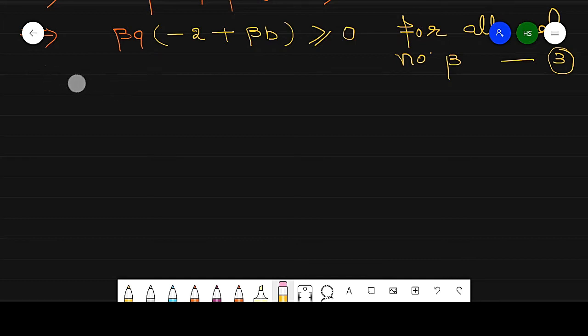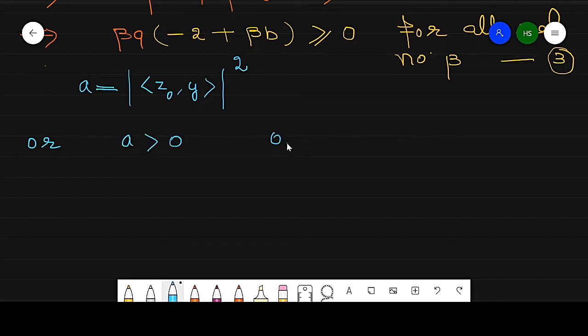Let me repeat it again. What is A? A is equal to this inner product of z0 comma y. My aim is that it should be 0, right? Now this has two possibilities, either A greater than 0 or A equal to 0, because it is a positive number.